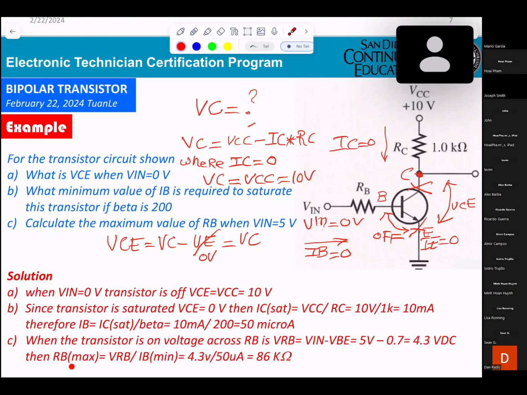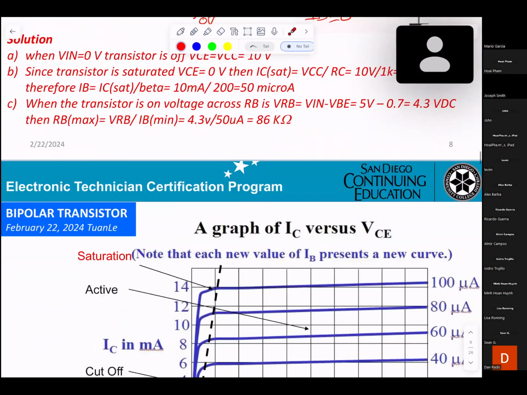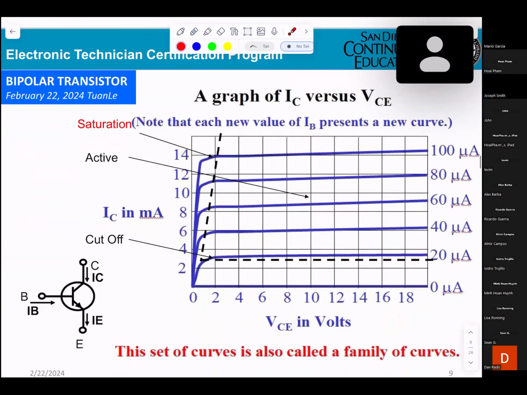Therefore, RB maximum equals VRB divided by IB, which gives you 86 kilo ohms. Basically, you can go through that and try to understand. Otherwise, next time I will try to help you out.